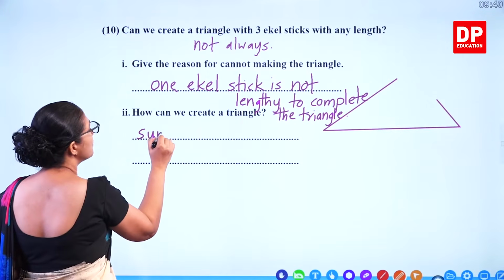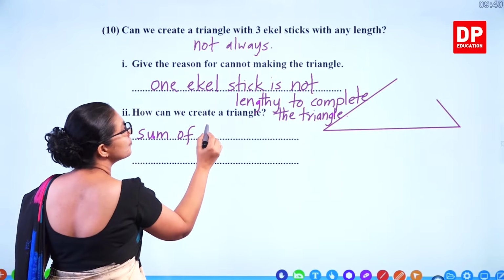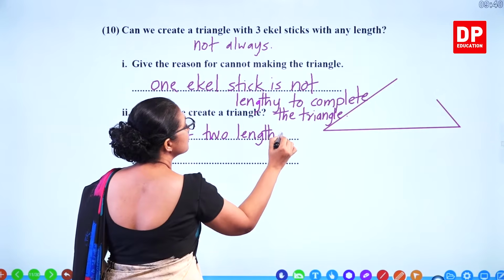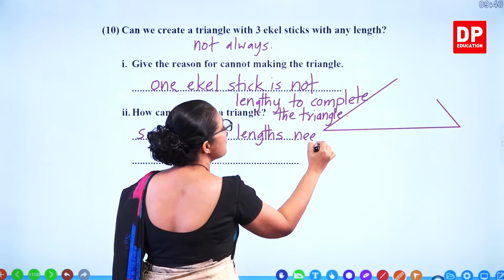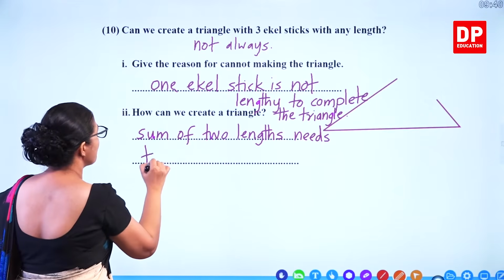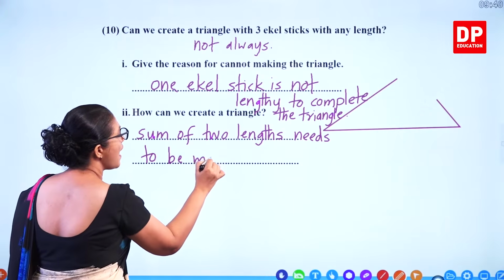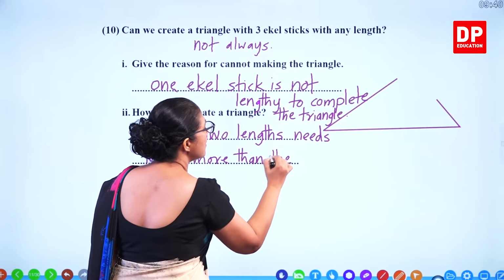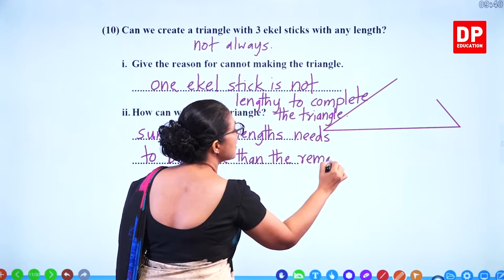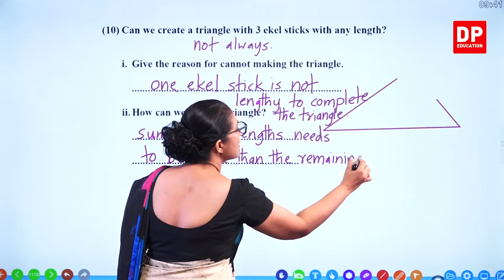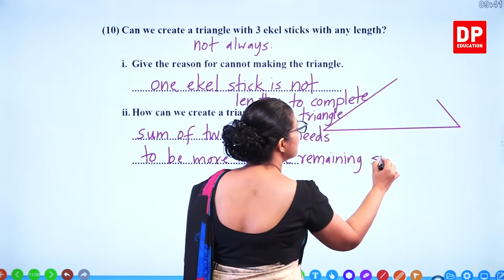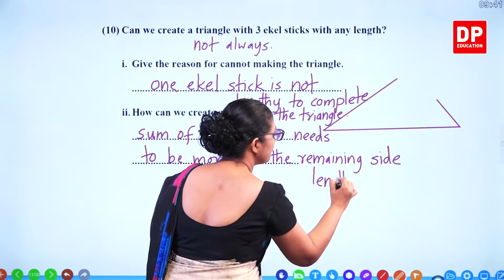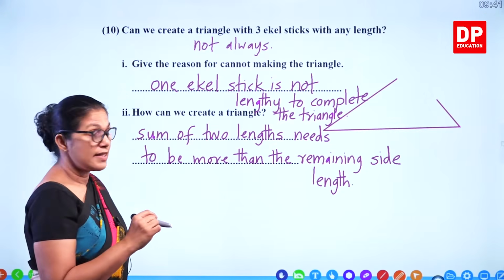The sum of two lengths needs to be more than the remaining side length. Then only can we create a triangle.